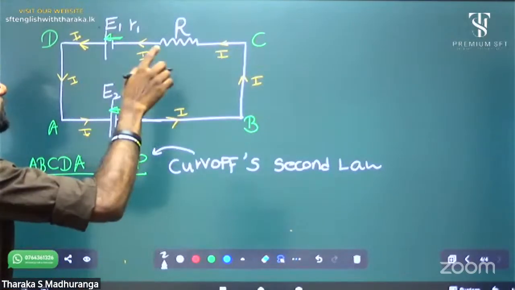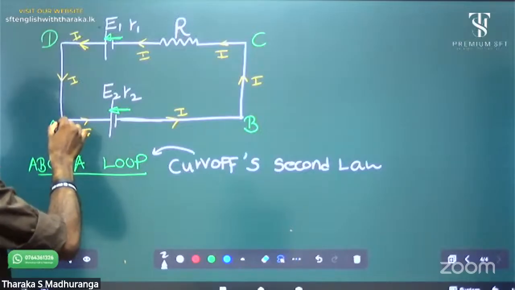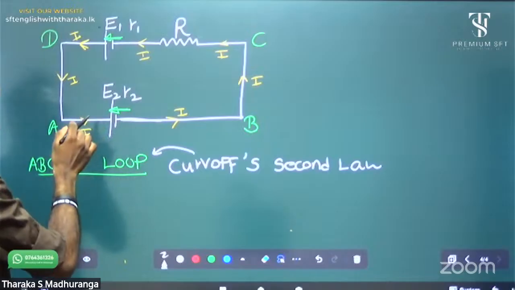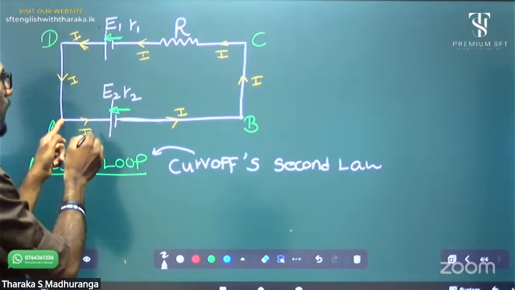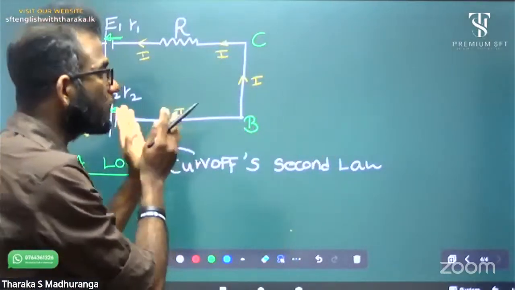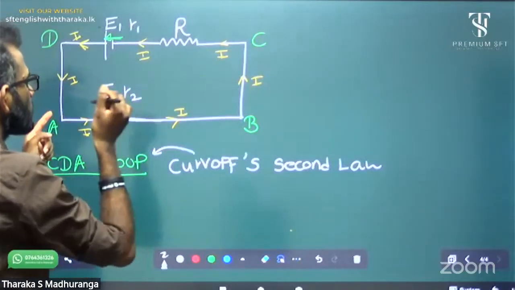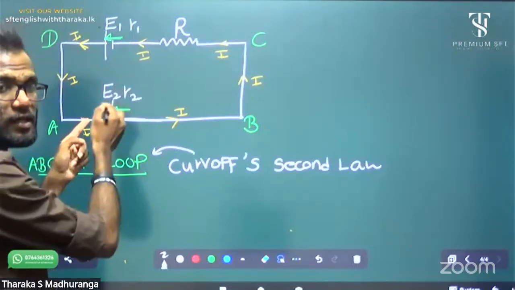Okay, my first step. Now I am going to start from point A. Label A, B, C, D. A is my start of the loop. I am going to start at point A and check electromotive forces. Check the E forces. Is there one? Yes, I can meet E2.